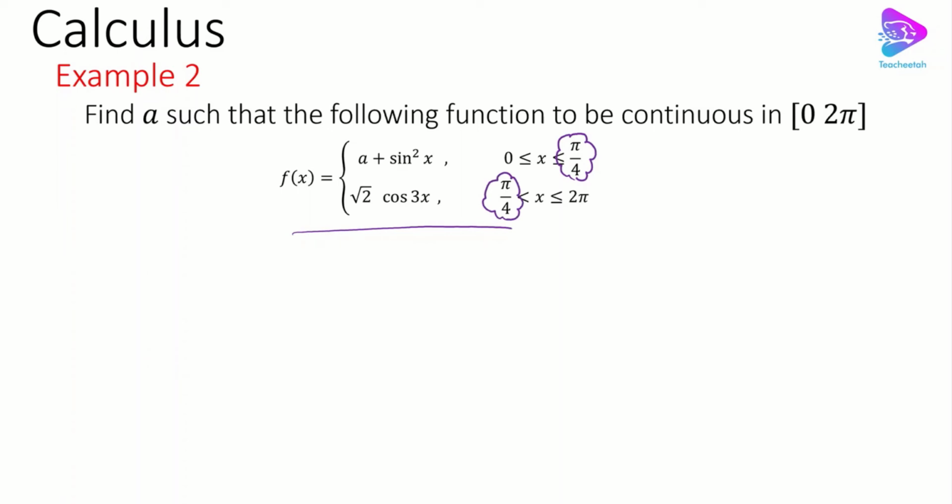If we look at this interval, it shows that pi over 4 can be plugged into the top part, so we can find the value of f of pi over 4 at that specific point in the top function. So it's going to be a plus sine squared pi over 4.